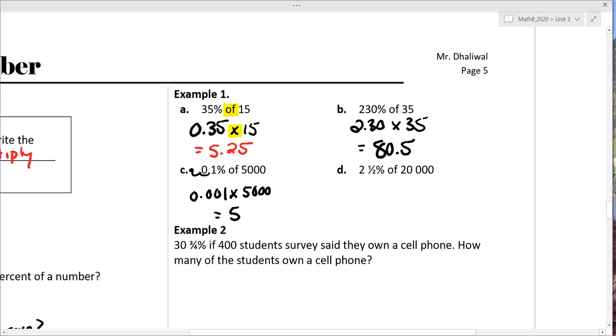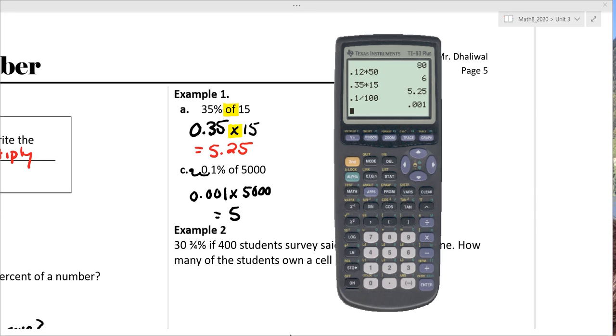Okay. Next one looks a little ugly. It says 2.5%. So whenever you see a fraction in a percentage, maybe convert it to a decimal. So 2.5 is 2.5. 1 divided by 2, you can just go in your calculator if you're not sure how to do it. You go 1 divided by 2 is 0.5, so that's 2.5%.